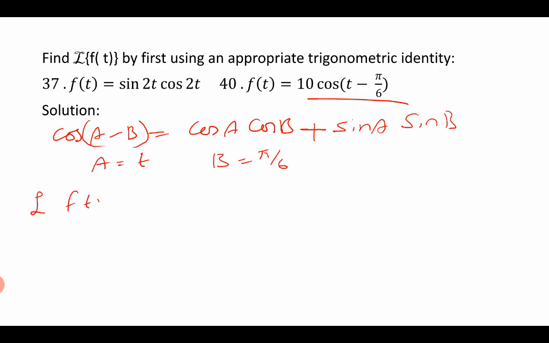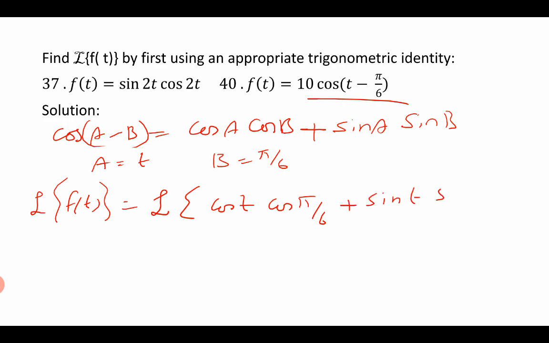So what will be the Laplace of f of t? You can write the Laplace of cosine t times cosine pi by 6, where cosine pi by 6 is constant, plus sine t times sine pi by 6.